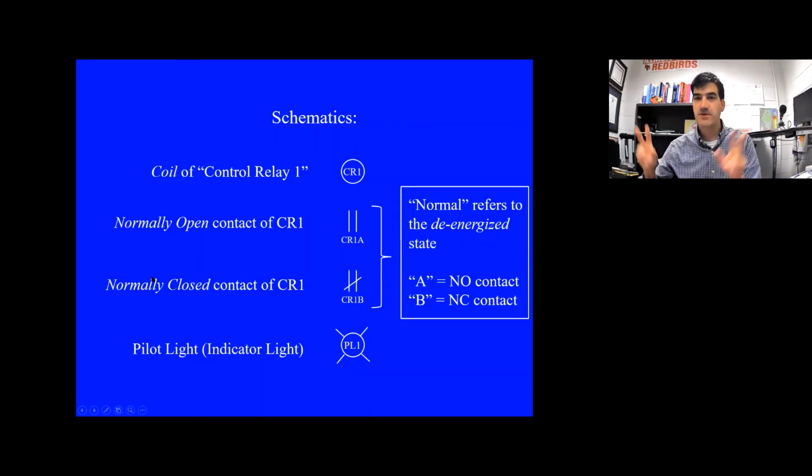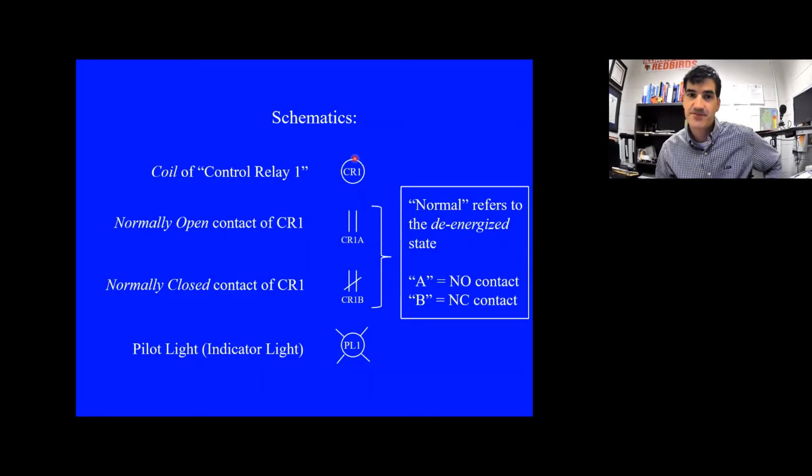And sometimes we call them control relays, so they're abbreviated CR. And lots of times, we'll have more than one relay in a circuit, so we'll number them. So we'll have CR1, CR2, CR3, etc. So this is how we represent the coil part of the relay.